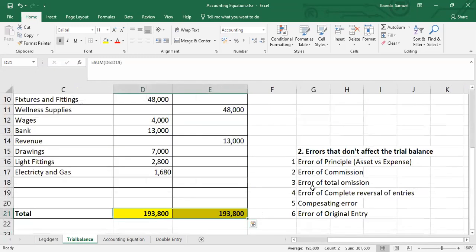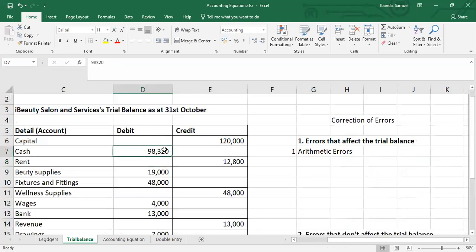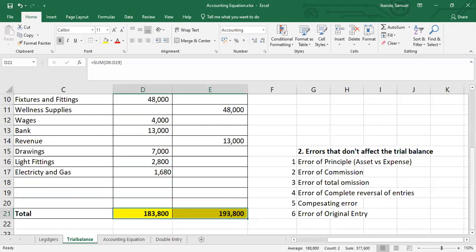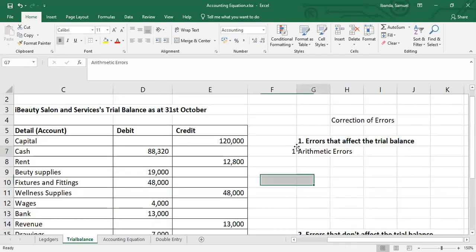So this value under cash will now be different because of an arithmetic error, and any difference on this, let's say now this is 8, will mean that these two things will not balance. You get it? And that's why we call it an arithmetic error. You understand? So it's important for you to know that error as well.